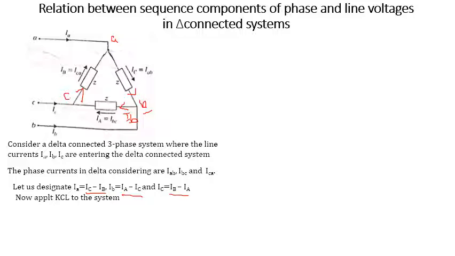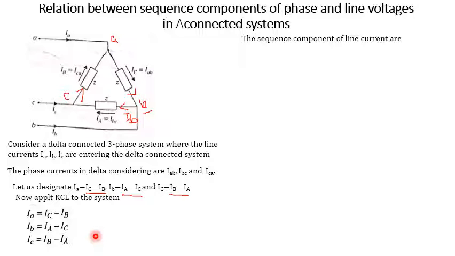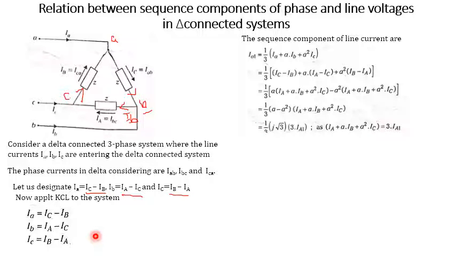Now apply KCL at the system. IA can be written as IC minus IB. Similarly IB can be written as IA minus IC, and IC can be written as IB minus IA. We have to calculate the sequence component of the line current.